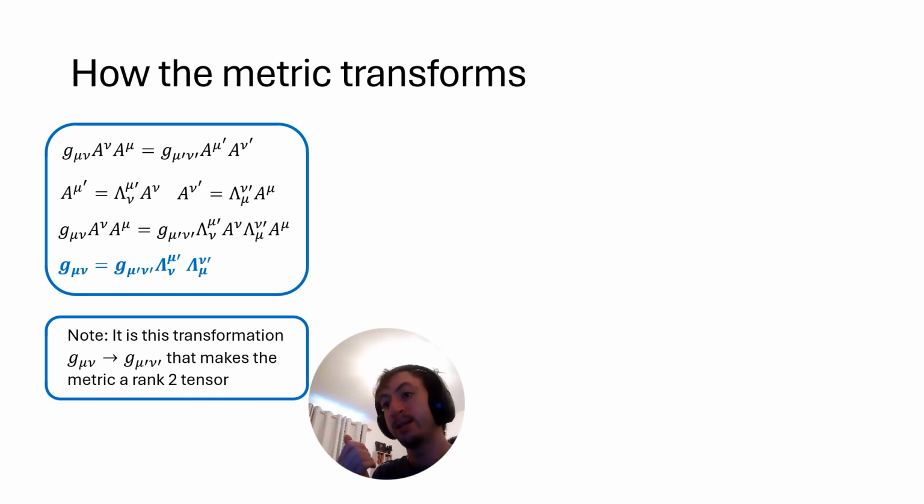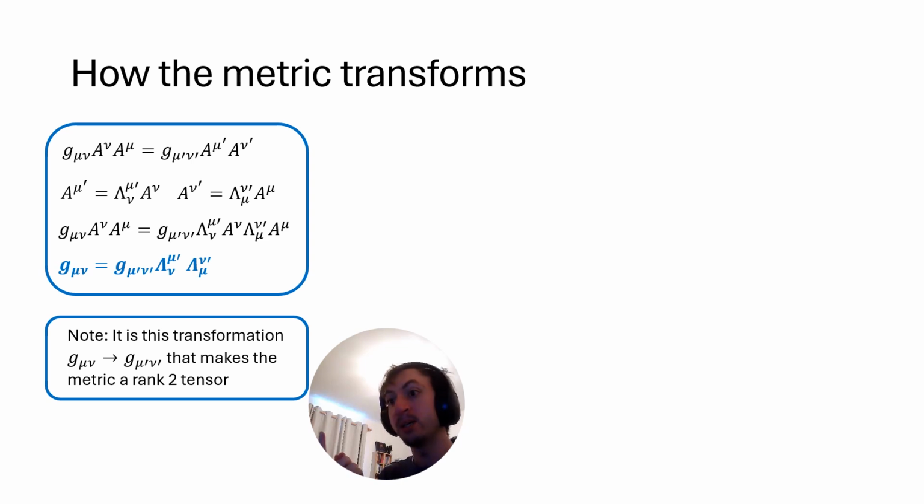We mentioned that vectors are tensors, and we saw that to transform the components of a vector in such a way as to keep the length of the vector preserved between coordinate systems, so to give the vector coordinate independent meaning, we had to multiply the components of the vector by one Jacobian matrix. So for a tensor with one index, in other words, something like a vector, we need one Jacobian matrix to transform its components.